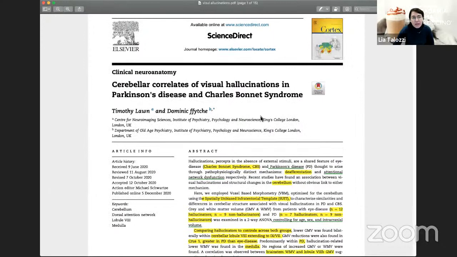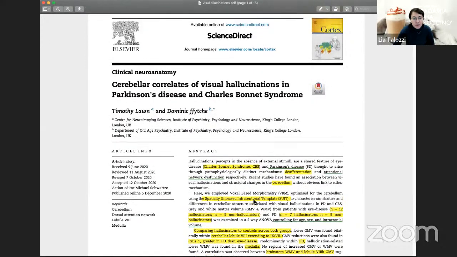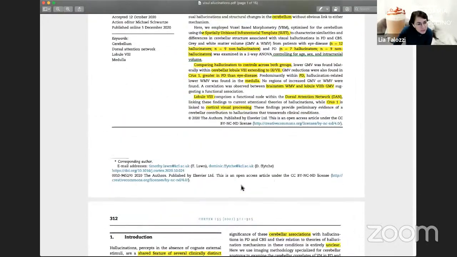Like we have seen also in the paper I presented last week, hallucinations can be present, especially in neurodegenerative diseases. And Charles-Bonnet syndrome is a clinical state, nicely described in the introduction of this paper, when you have eye impairment.